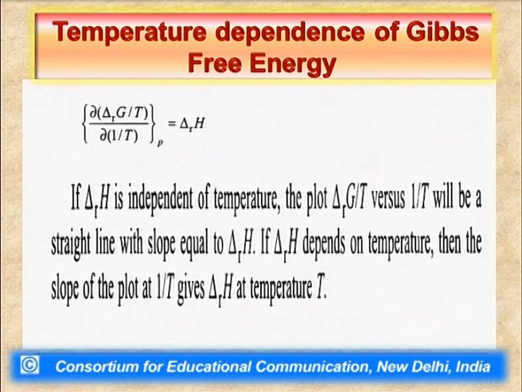So, with this we come to the conclusion of equilibrium properties of thermodynamic systems and the reaction systems. Any subsequent discussion will be devoted straight away to the discussion of systems with variable compositions.